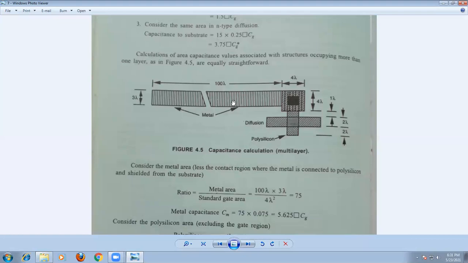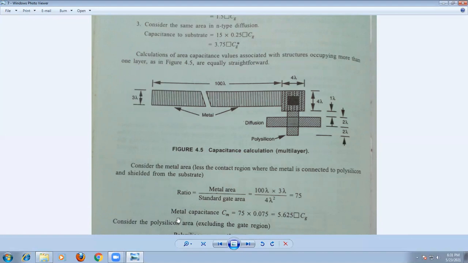Actual metal area is 3 lambda into 100 lambda, divided by the standard gate area, that is 2 lambda into 2 lambda. Calculate this value and you'll get 75. For this metal 1 layer, relative area is equal to 75.